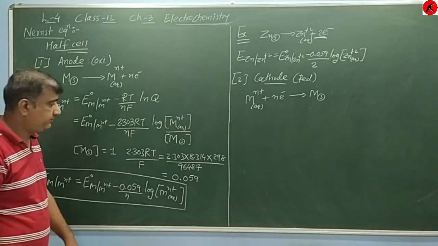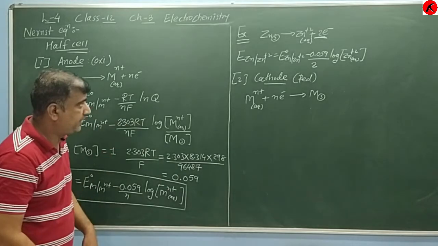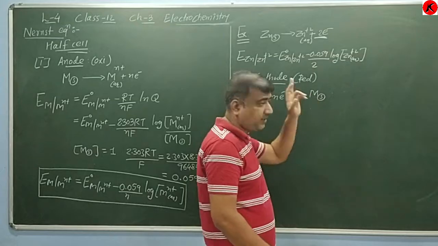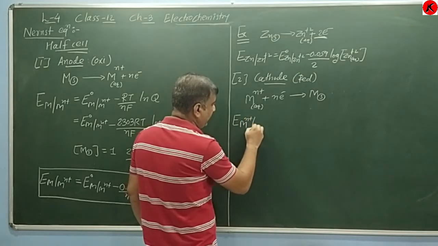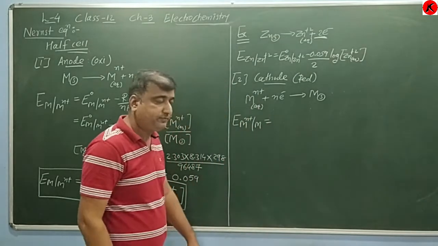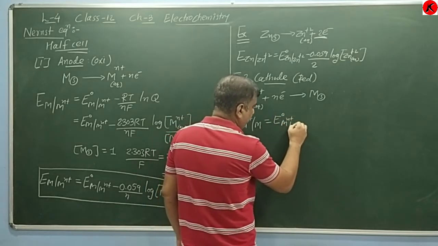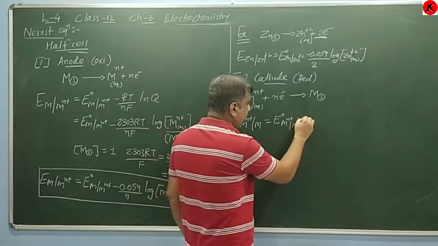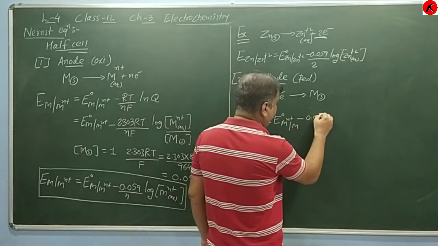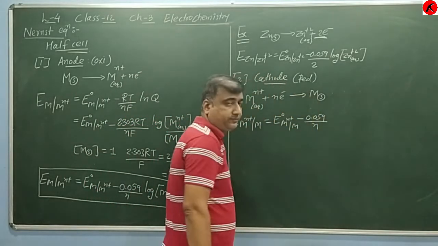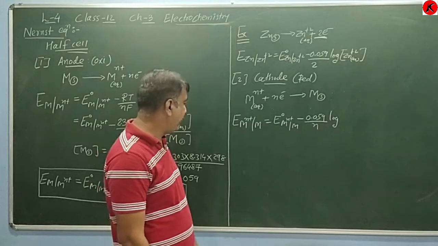Now it is a reduction reaction, that means Mn+ is converted to M. So E Mn+ to M equals E naught Mn+ to M minus 0.059 upon n log Q, that means concentration of product divided by reactant.